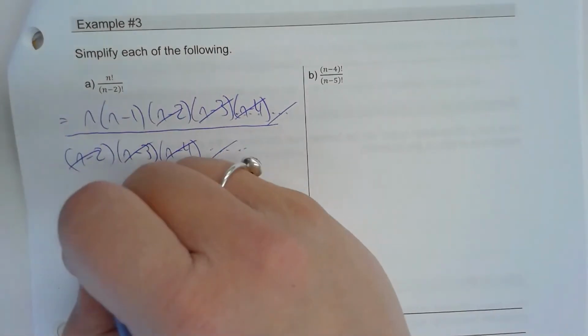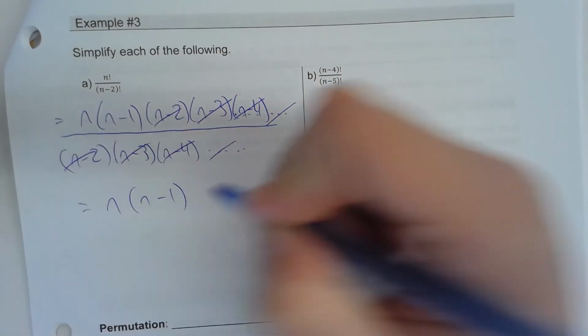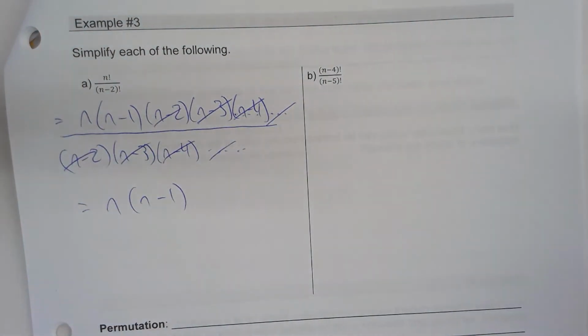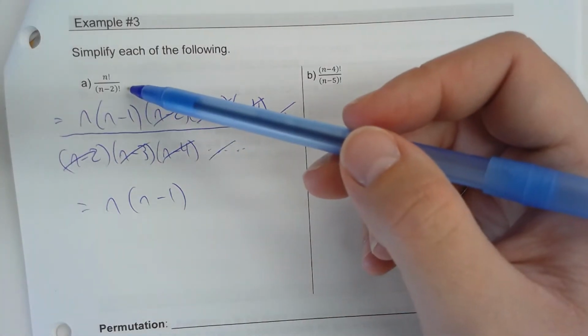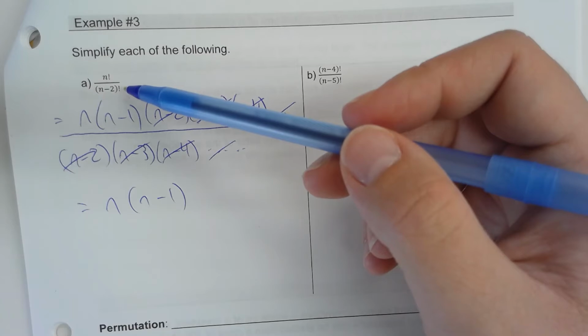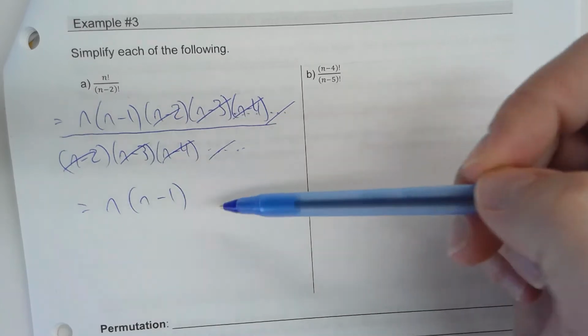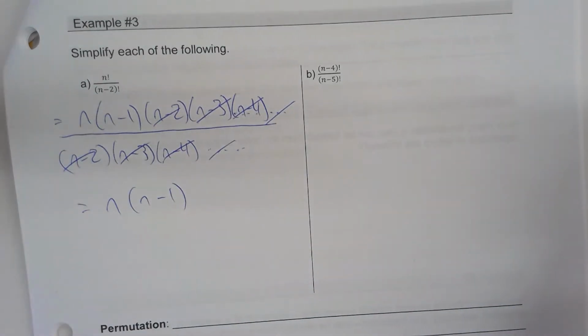So what am I left with? n times n minus 1. There we go. That's much simpler than this crazy factorial expression, right? We could multiply that out if we wanted to, or just leave it there. They didn't tell us what to do, so we'll just stop.